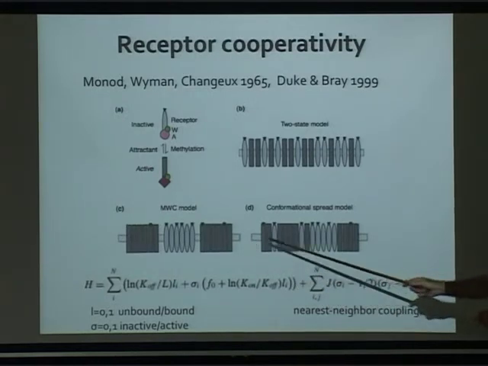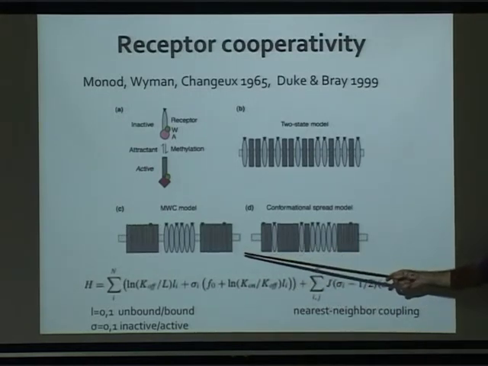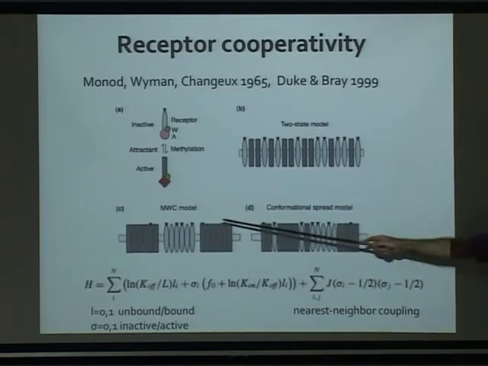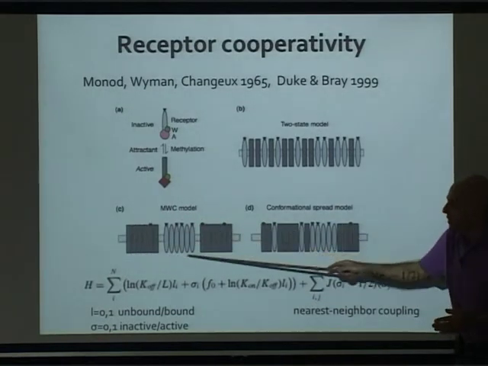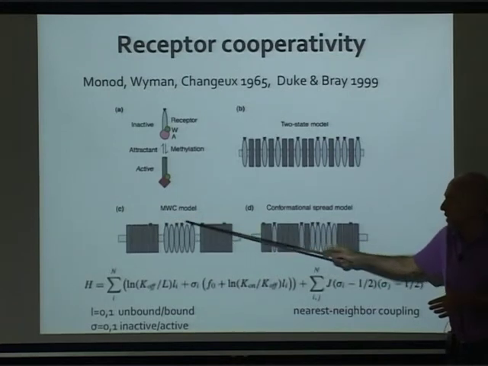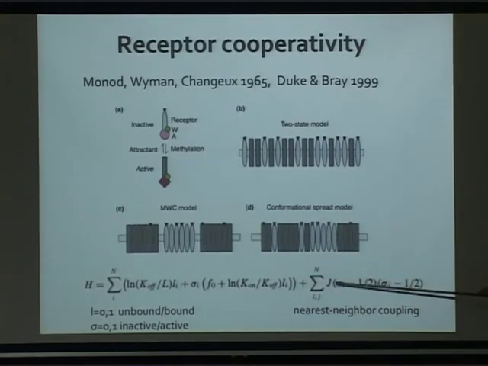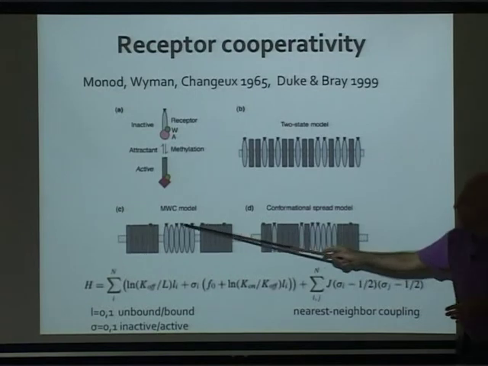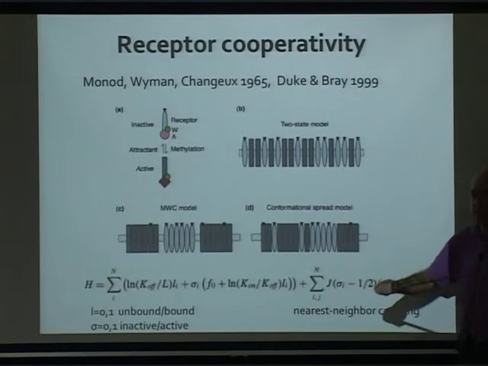So there are basically two situations. One where these groups of spins, or receptors if you wish, are coupled together very intensely. So this J function is very large, and they behave as a single object. All receptors become active or inactive at the same time.